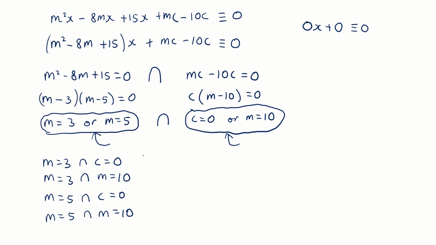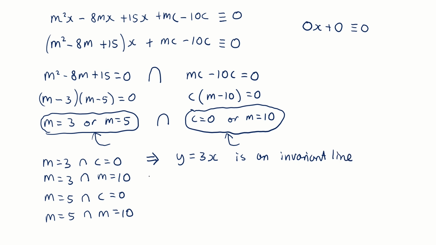So let's start off with that first situation, m equals 3 with c equals 0. If you plug that into the equation y equals mx plus c, we'd have the equation y equals 3x. And therefore y equals 3x is an invariant line for our particular matrix transformation.